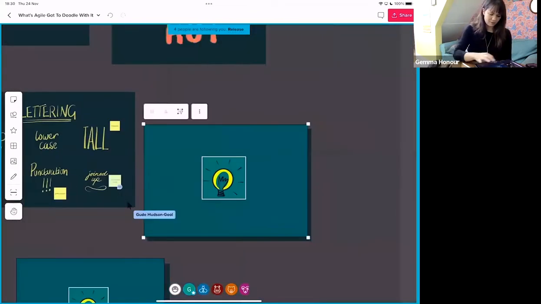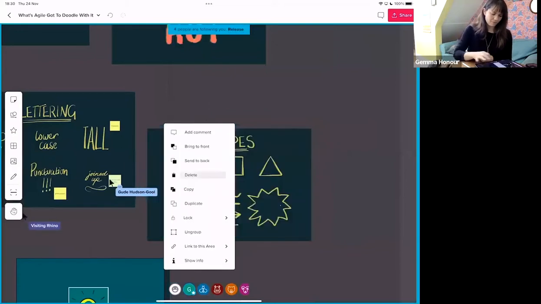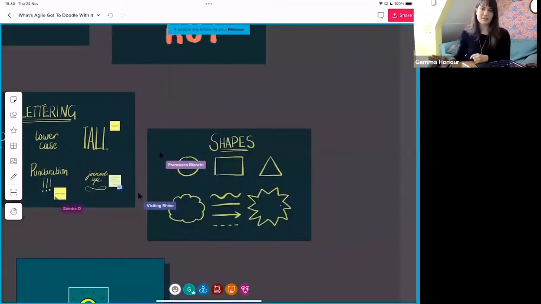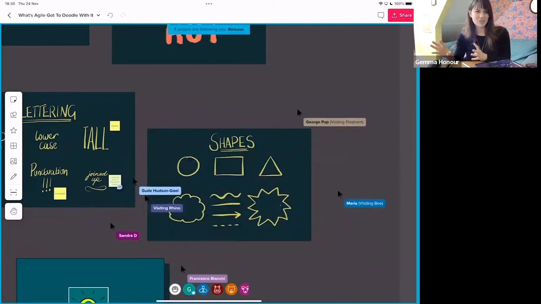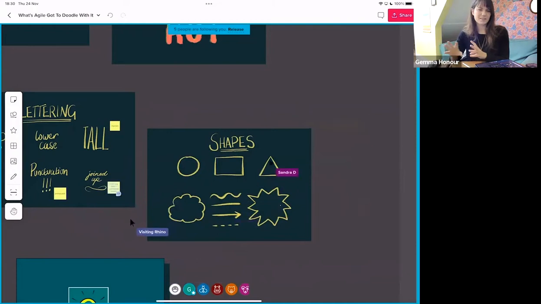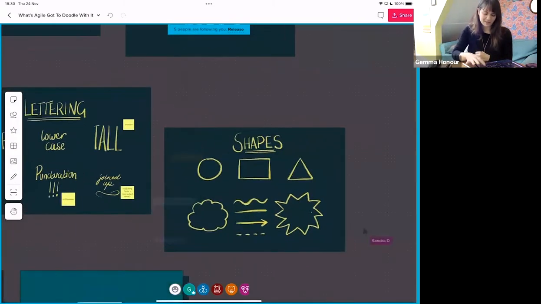The second bit that you're going to need for your dual coding exercise is what are known as seed shapes. So these are the basic shapes, it's like an alphabet, that you can create almost anything with.